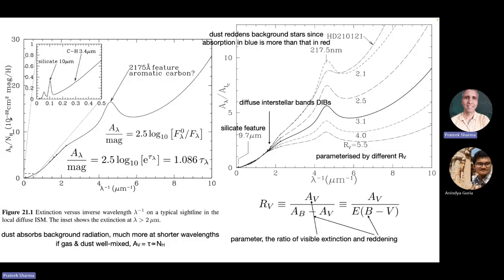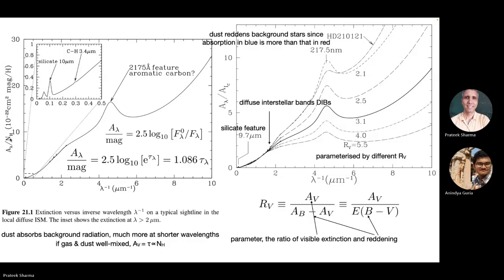So this is how it looks. A lambda is in magnitudes, and column density is number per centimeter squared. So how do you interpret it? A value of 1 here means 1 magnitude extinction for every 10 to the 22 column of hydrogen. Right? 2.5 magnitudes means a factor of 10 decrease in flux.